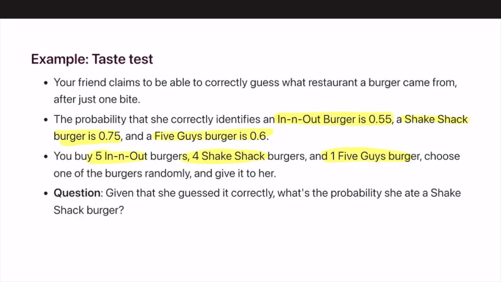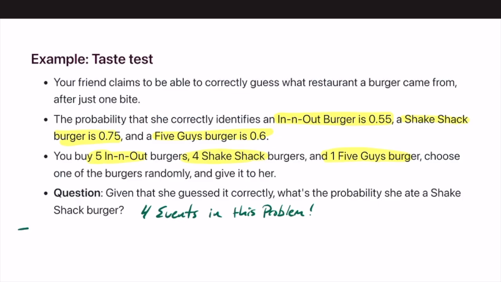All right. So first of all, we're trying to determine the probability that she ate a Shake Shack burger. So let's just start to jot these down. We have 4 events in this problem.